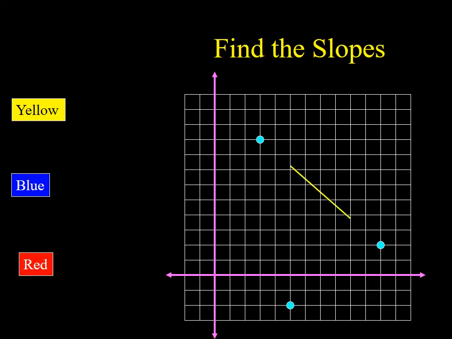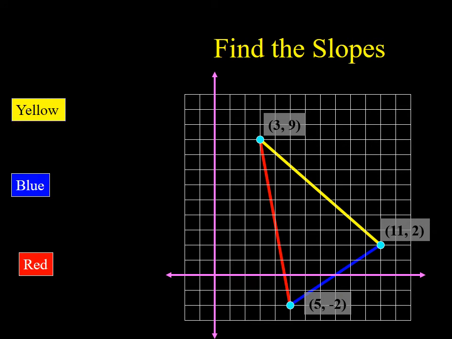Find the slope here for this triangle. At first we will find the slope from point (3, 9) and (11, 2).